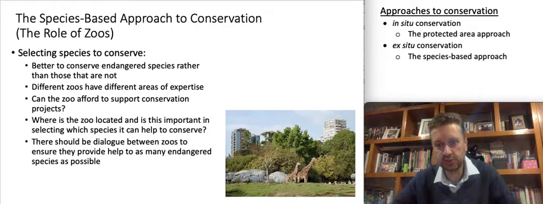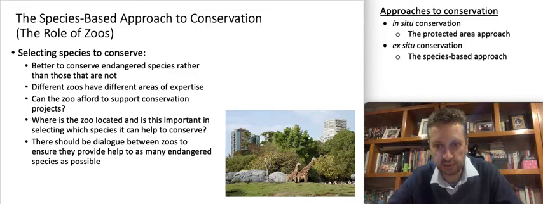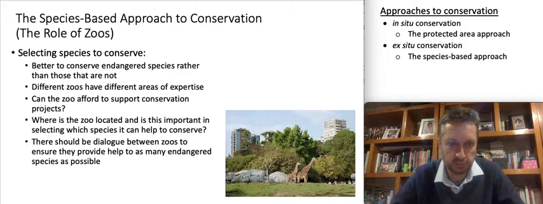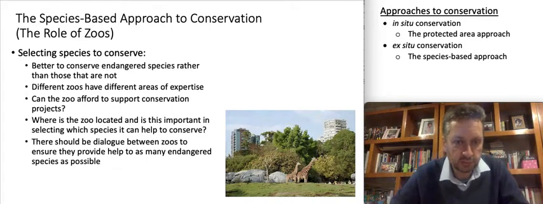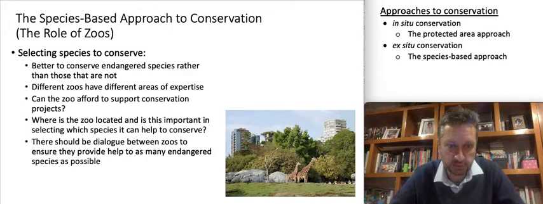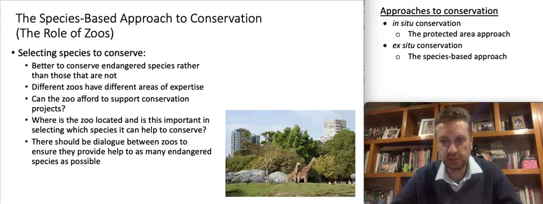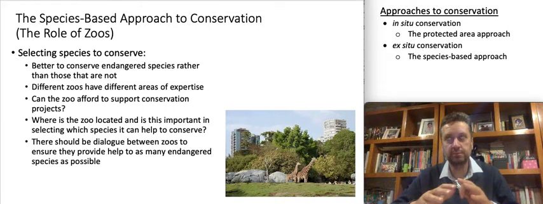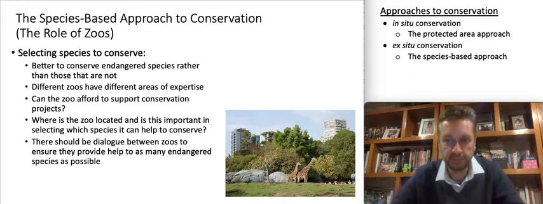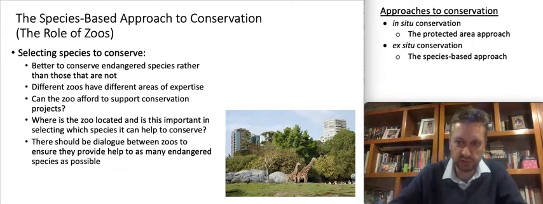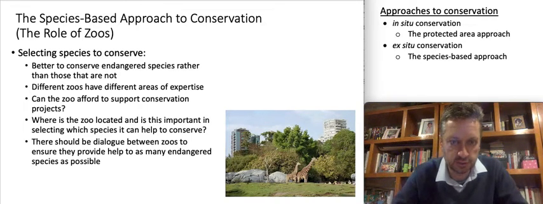Maybe zoos in particular places should concentrate on the endangered animals in their area or in their country, potentially. Again, it might depend on the expertise available. And there should be dialogue between zoos and between experts in those zoos to ensure they provide help to as many endangered species as possible on a global scale. So there should be a cross-exchange of expertise between zoos, I believe.